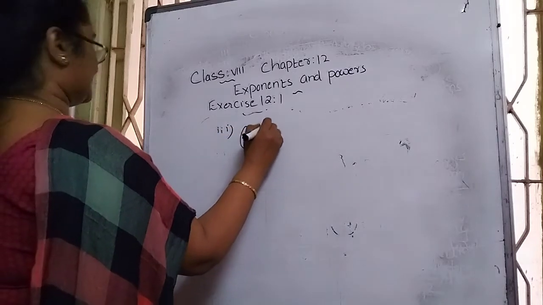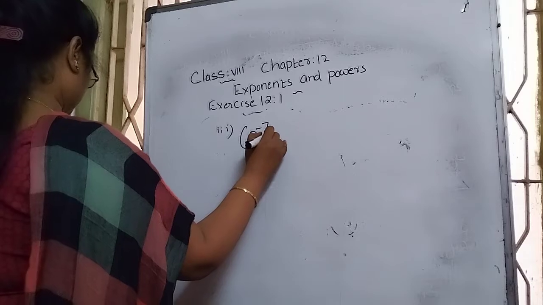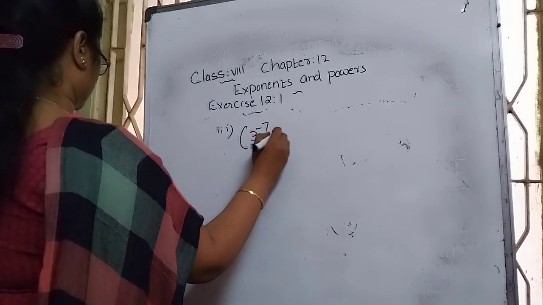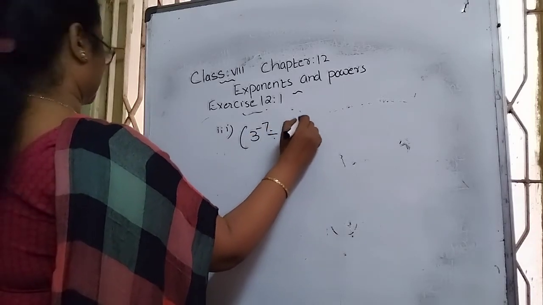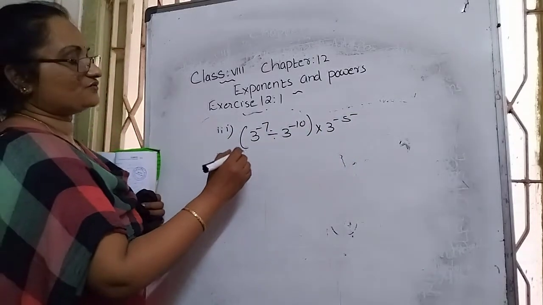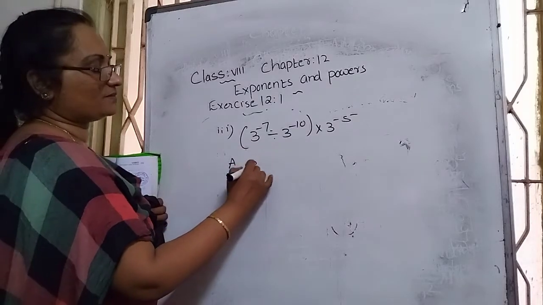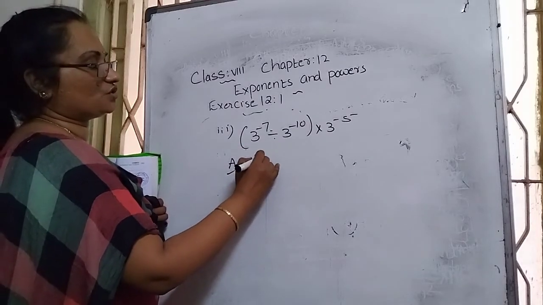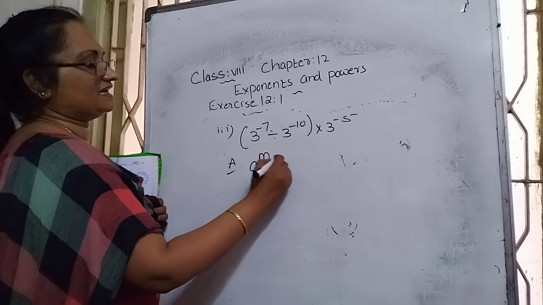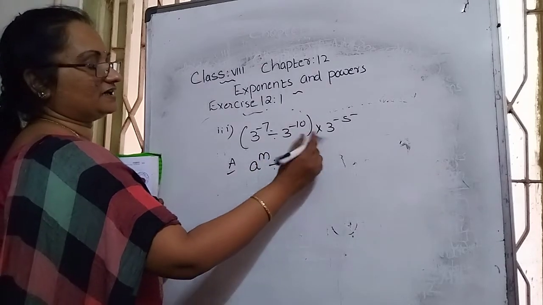3 raised to minus 7, divided by 3 raised to minus 10, into 3 raised to minus 5, in this way. So first we give preference to the bracket. The bracket is in which form? A division form, a raised to m divided by a raised to n. What is the identity?